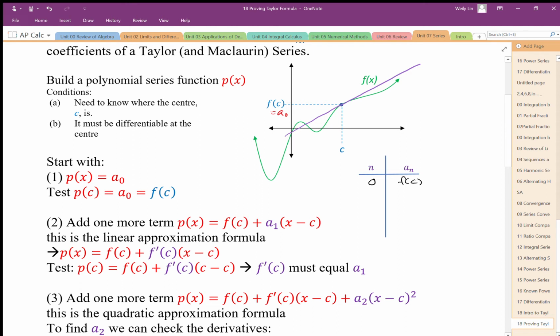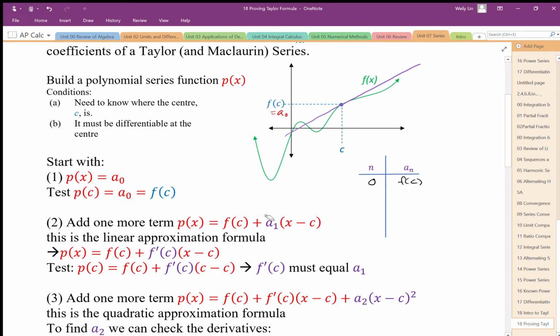When I plug it into my formula, I get the derivative at c, the slope at that point, times x minus c, plus the y coordinate there. This is just my linear approximation formula, and that's my second term of the polynomial series.